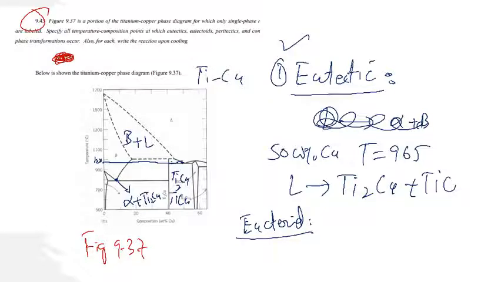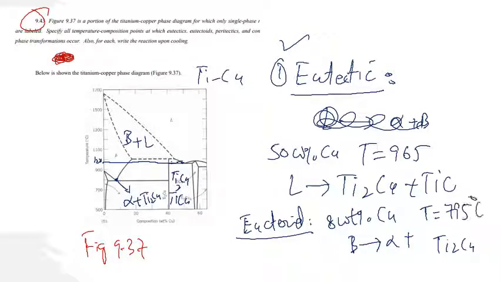It occurs at about 8 weight percent of copper, and the reaction is beta converts to alpha plus Ti2Cu. The temperature at this point is just below 800, so we will say the temperature is 795 degrees centigrade.